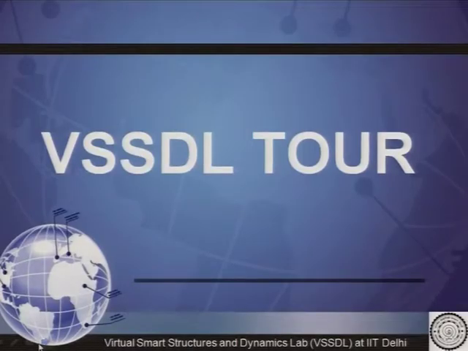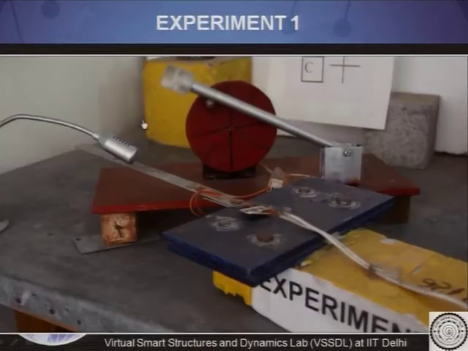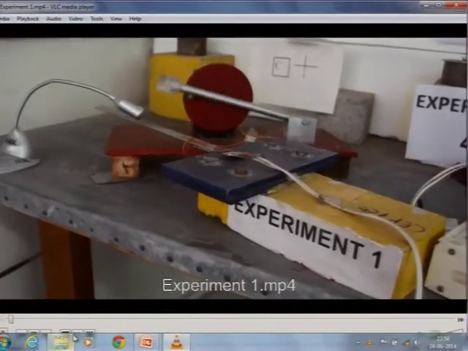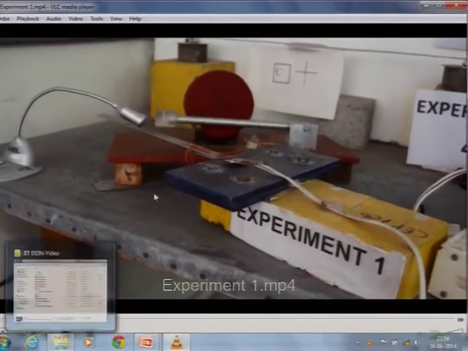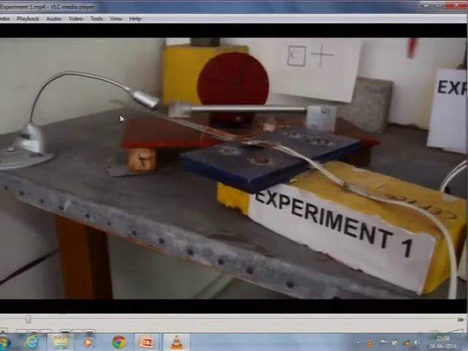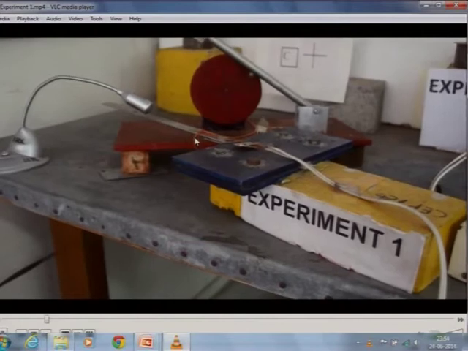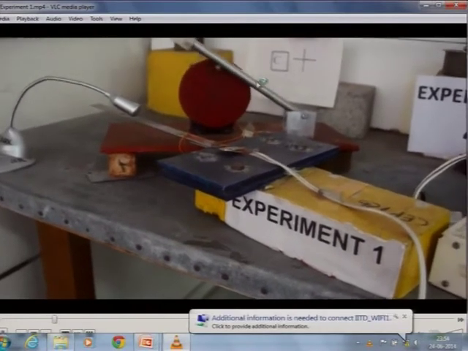Next is the VSSDL tour. First experiment is based on the vibration characteristics of this cantilever beam. The aim of this experiment is to get the natural frequency of this cantilever beam when it is excited under free vibrations.